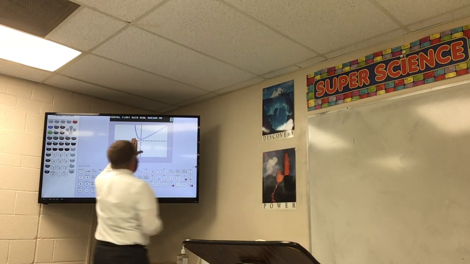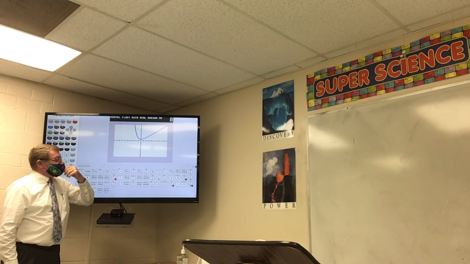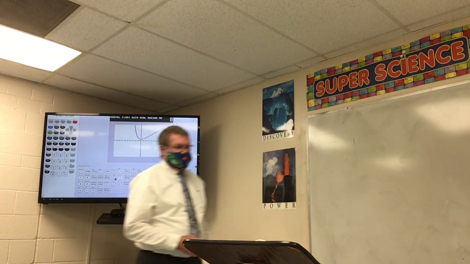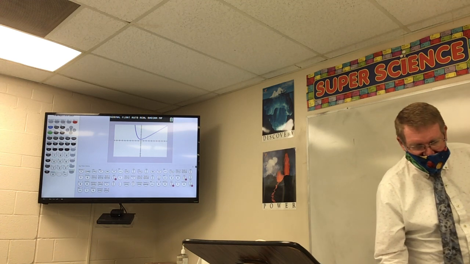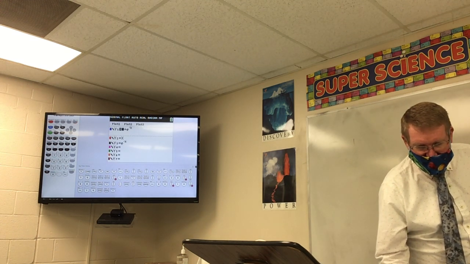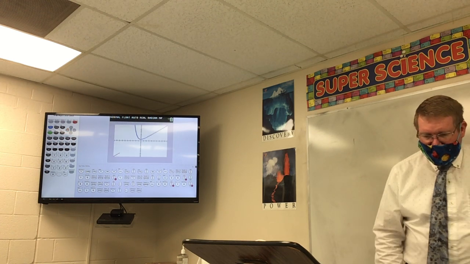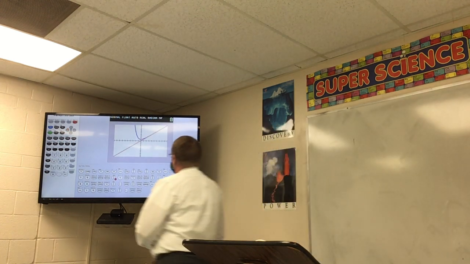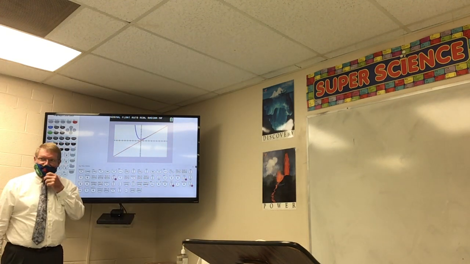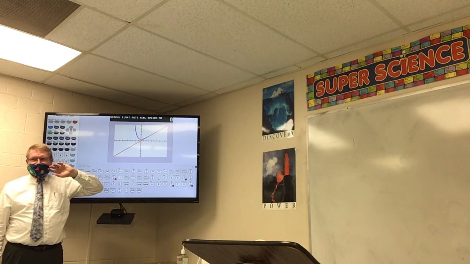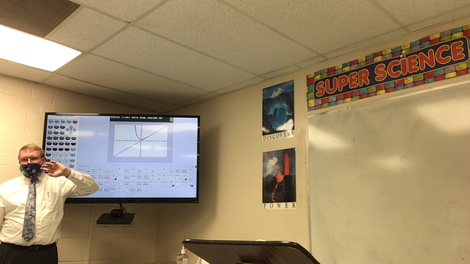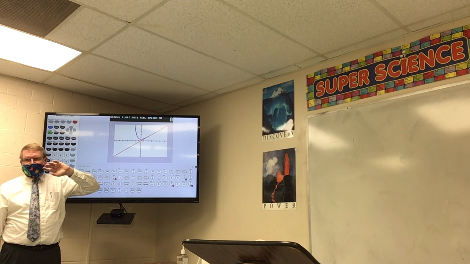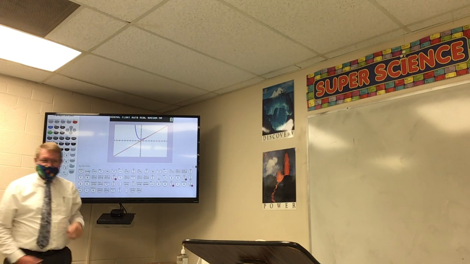Well, here's my graph. So I say, okay, let's look at what happens when I have the x. And what does my graph on the right hand side look like? Y equals x. That's my right hand behavior.